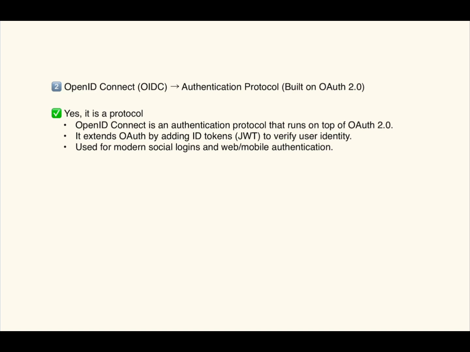For example, as a user, you want to log in to xyz.com with Google. So the user clicks sign in with Google on xyz.com. xyz.com redirects the user to Google, which we can say is the identity provider.